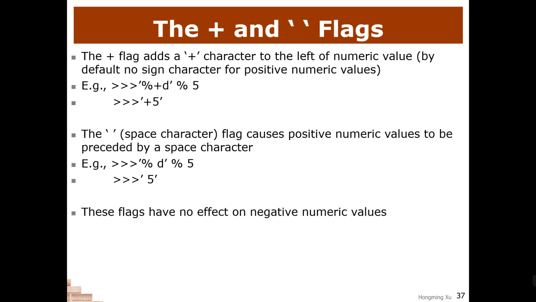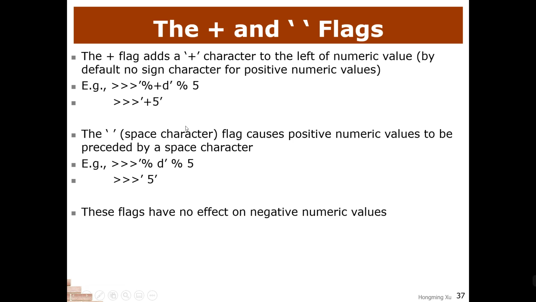Okay, finally, we also can use the plus and space flag symbols. The plus flag adds a plus character to the left of a numerical value. By default, there is no sign for positive numerical values. For example, here, we want to add a positive sign to the number 5.